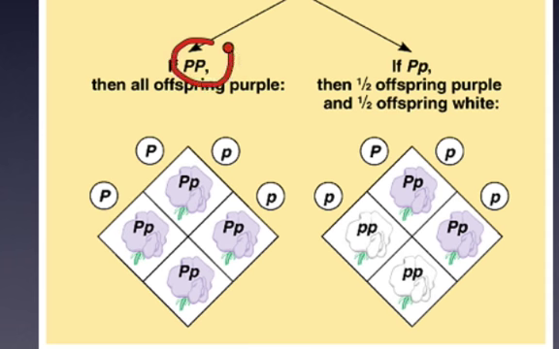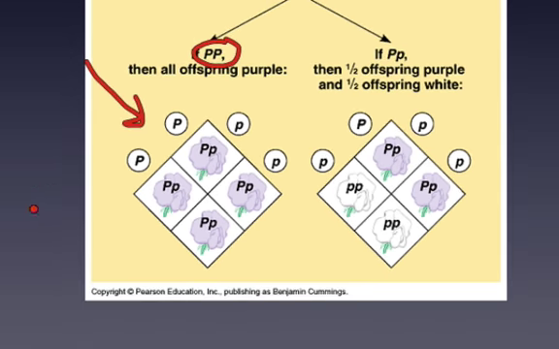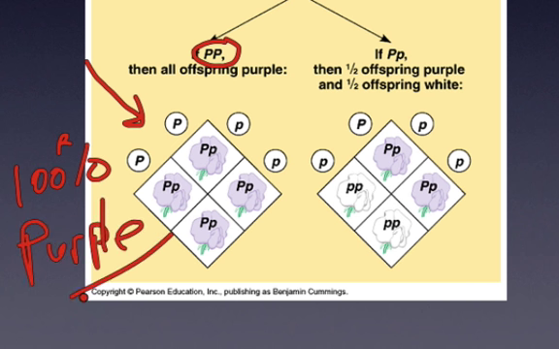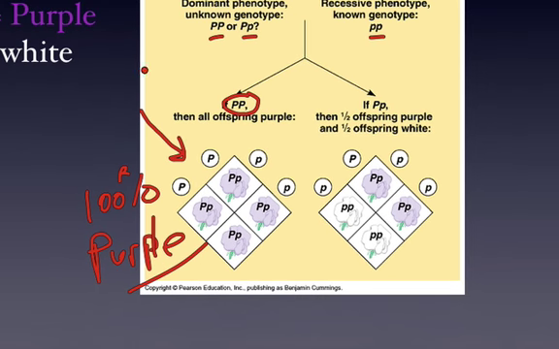If the genotype is big P, big P, down here you notice that we end up with 100% purple. And that probably makes sense, because if the genotype is in fact big P, big P, the only trait that this particular plant could pass on would be a dominant trait, so we would expect to get 100% purple flowers.